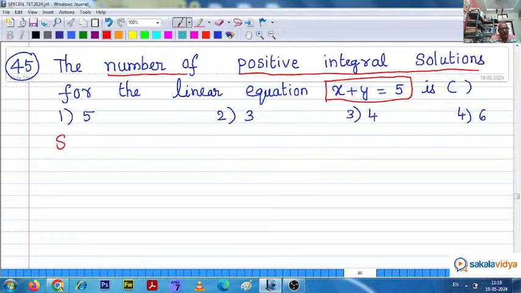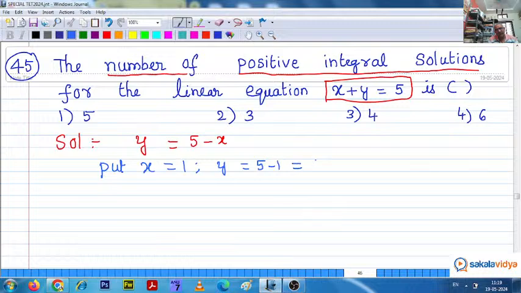First, this can be written as y is equal to 5 minus x. So put x is equal to 1 first; don't take 0 because 0 is not a positive integer. Substituting x is equal to 1, we get y value 5 minus 1, 4. So one solution is (1, 4).